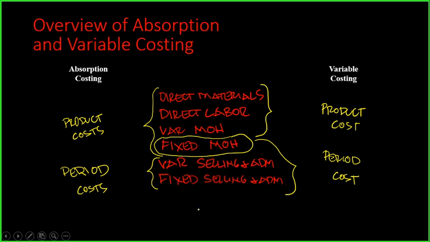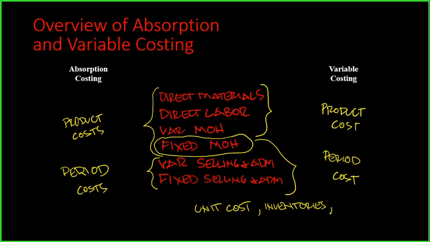Okay, now because of that, what will now be the effect? We expect that there will be a significant change in the unit cost of the product. There will also be a difference in the cost of your inventories.